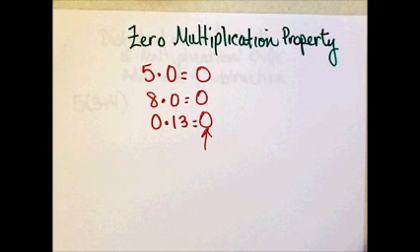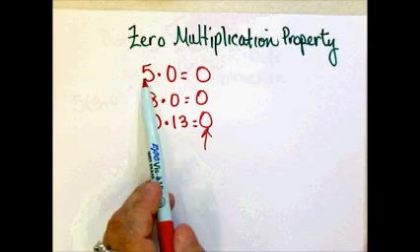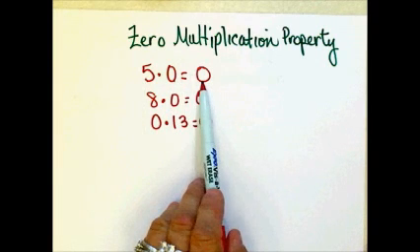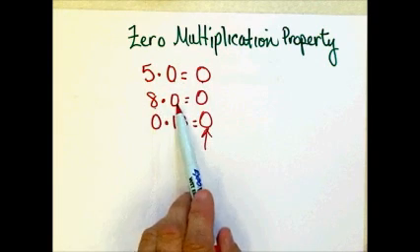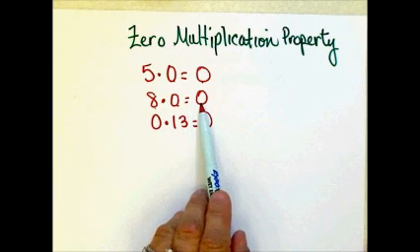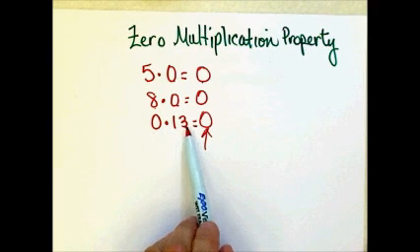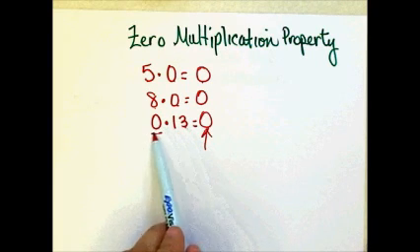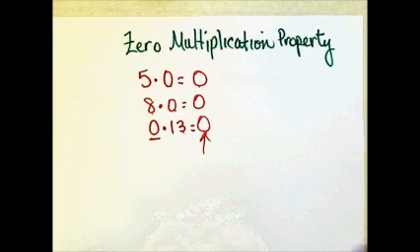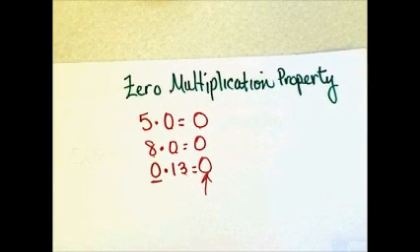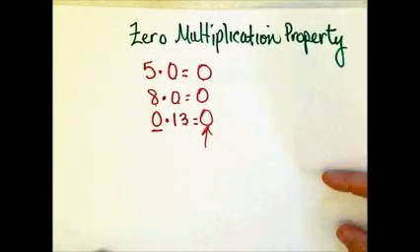Or think about this. 5 rows with nothing in them is nothing. 8 rows with nothing in them is nothing. 0 rows of 13 items, 0 rows, that means I have none, is 0. So the 0 multiplication property says that no matter what I multiply by 0, my answer will always be 0.